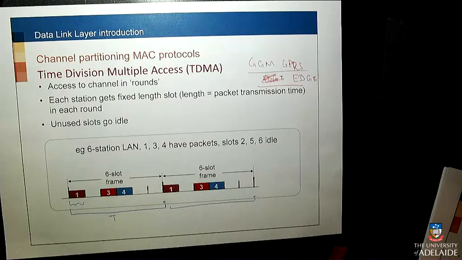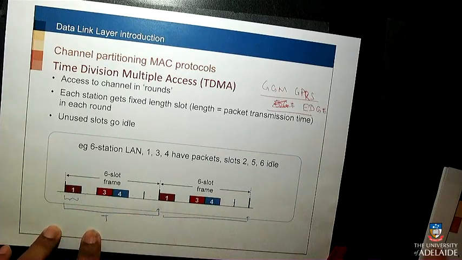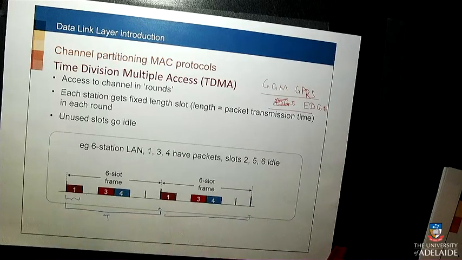So in terms of fairness, it's pretty good. Everybody gets a turn. FDMA, frequency division multiplexing: I have my own channel, everyone else has their channel, so it's fair. If I want to send, I can send. But in terms of how the channel is utilized, it's not so good.